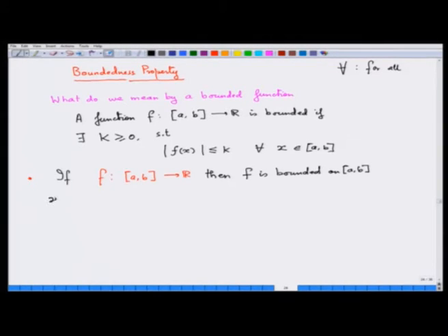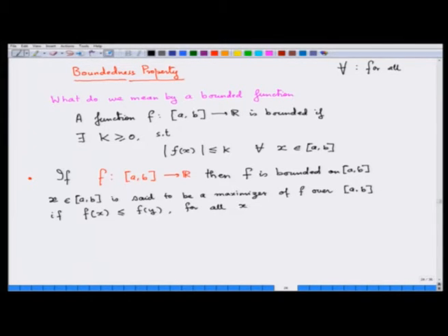So x element of AB is said to be a maximizer of f over AB if f of y is less than or equal to f of x for all y element of AB.